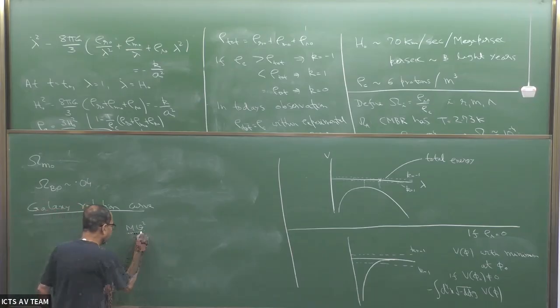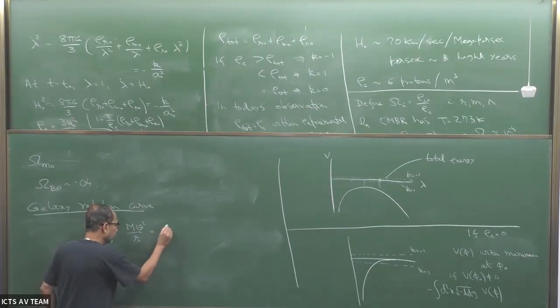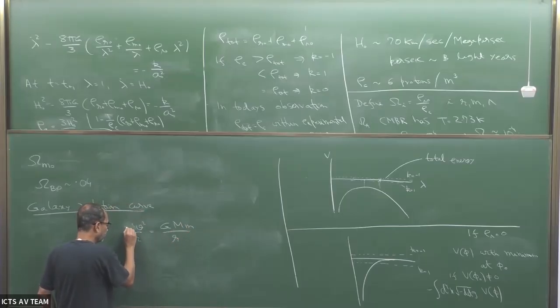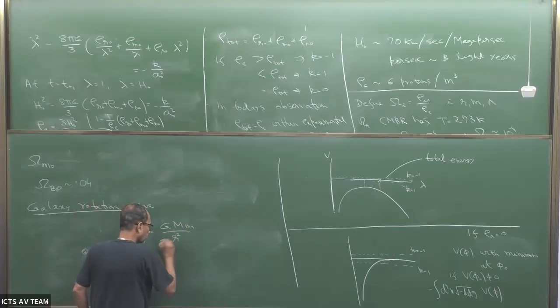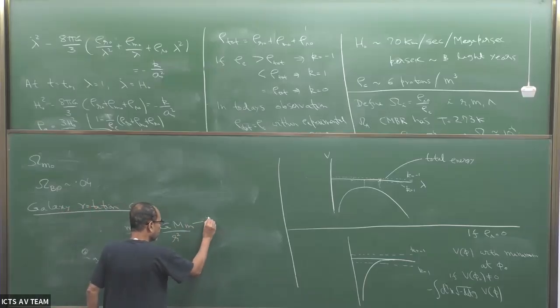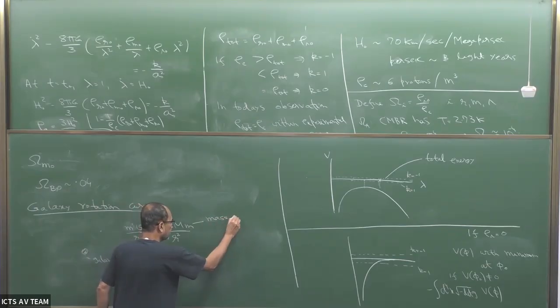So m v square over r is centrifugal force is G M m over r square. Sorry, this is small m v square. Okay, so m is the mass of the star. This is the mass of the galaxy.